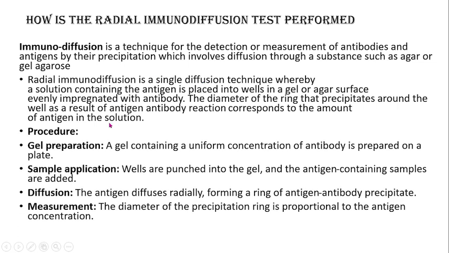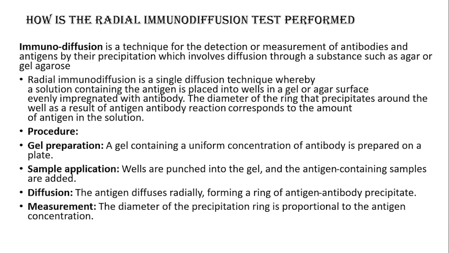So here we have the procedures for how this test is performed. The first one is gel preparation. The gel contains a uniform concentration of the antibodies, prepared on the plate.